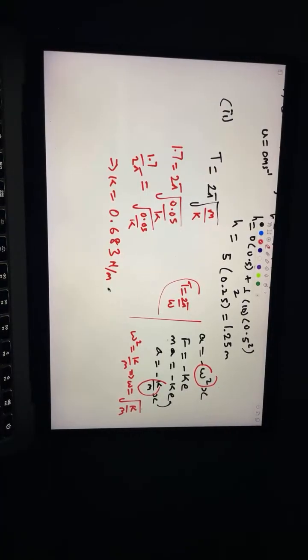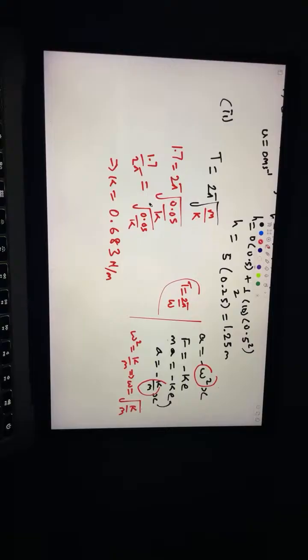Period is 1.7 over 2 times 3.142. So I'm applying. If you are also with me, you can also try to solve this particular equation like that. So you square both sides.